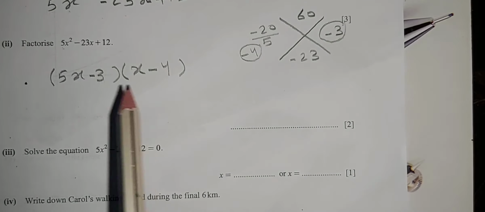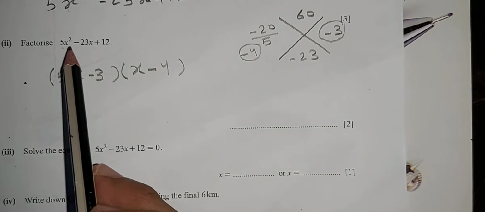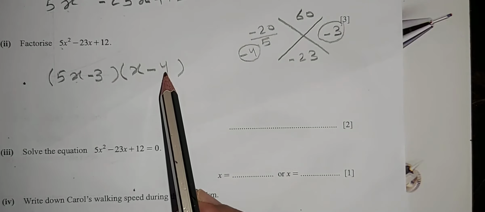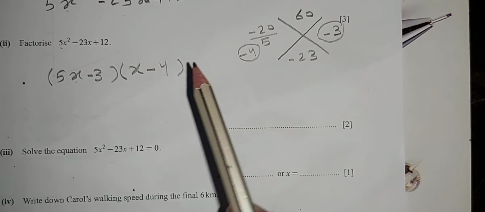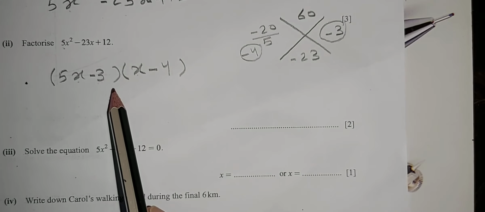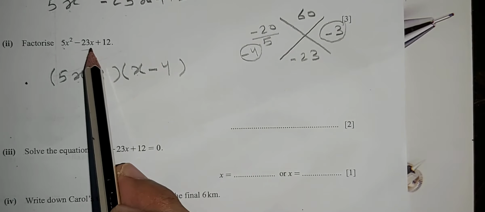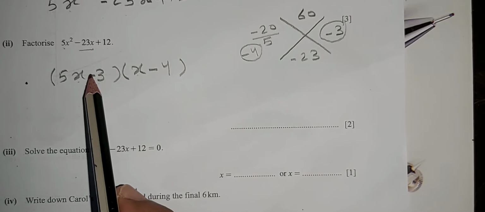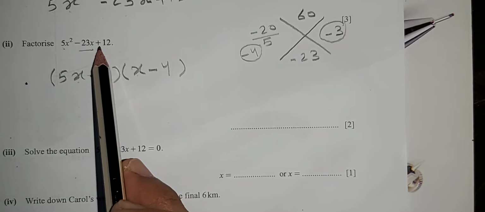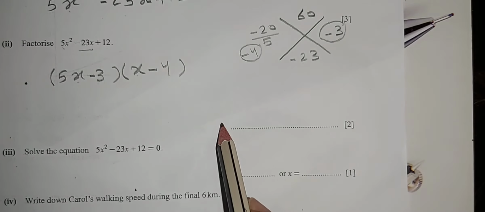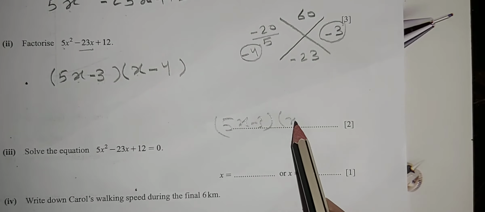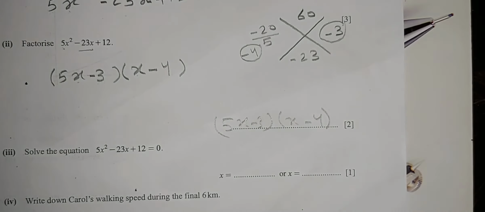If you want to check, we multiply 5x by x is 5x squared. 5x times minus 4 is minus 20x, and minus 3 times x is minus 3x. Minus 20x plus minus 3x is minus 23x, correct. And minus 3 times minus 4 is positive 12. So we write it here, 5x minus 3 times x minus 4.